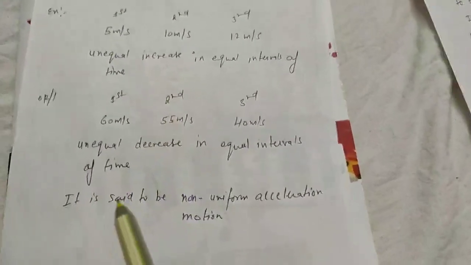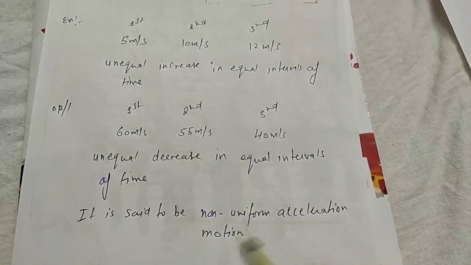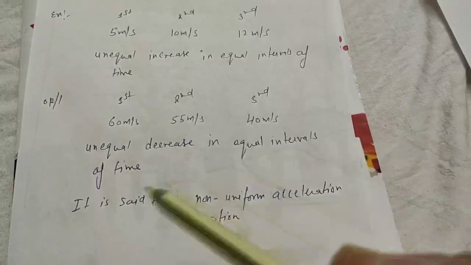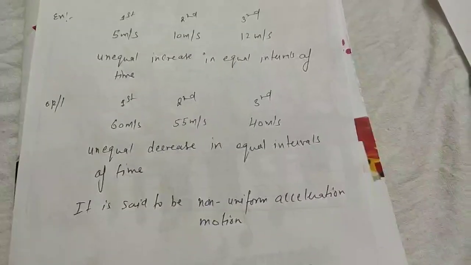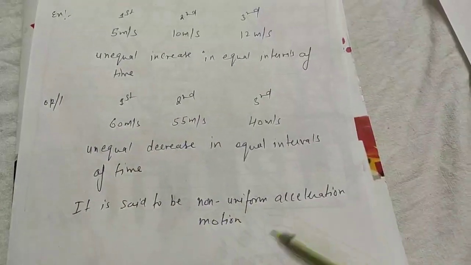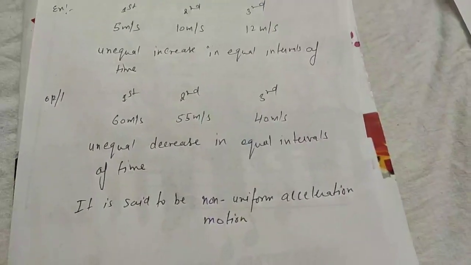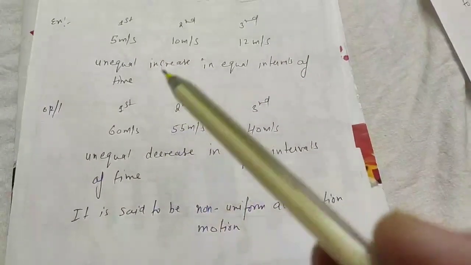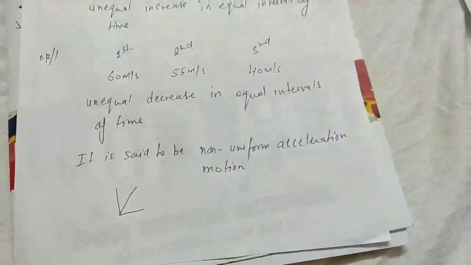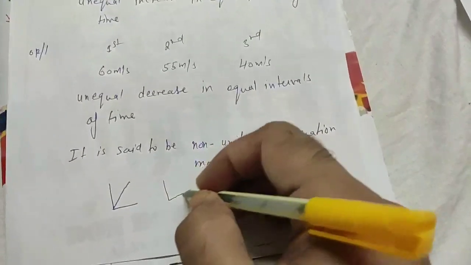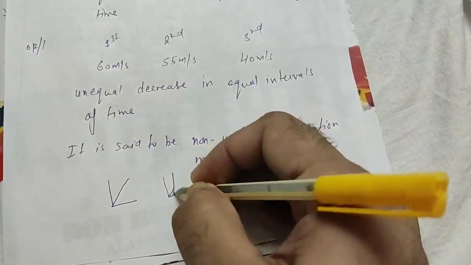So such type of motion is said to be non-uniform acceleration motion. Clear? We said non-uniform acceleration motion because the decrease or increase is unequal. Similarly, if we draw the graph, for uniform acceleration motion it will come like this, for non-uniform motion it will come like this.